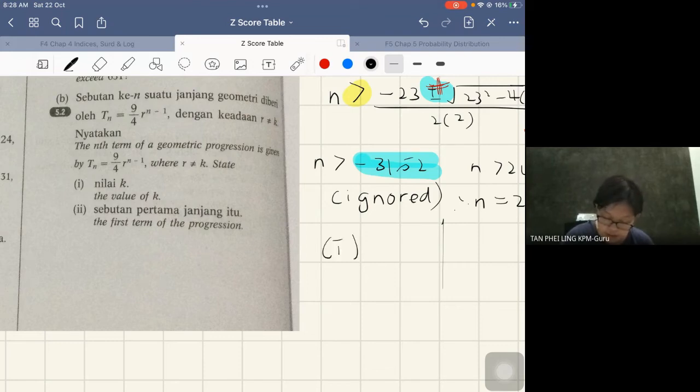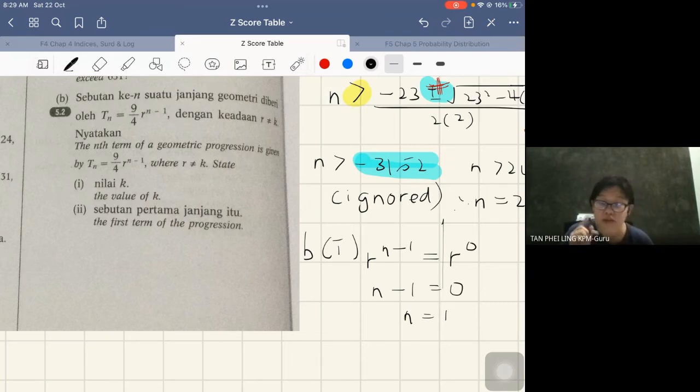That's why part one is very simple. This one is to test your knowledge. B1, you will have the n minus 1. You will write here r power n minus 1 equals r power 0, so n minus 1 equals 0, n equals 1. Sorry, they don't want n, they want the r. So we just say that r cannot be 1.